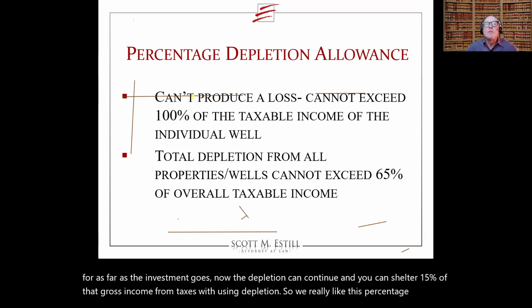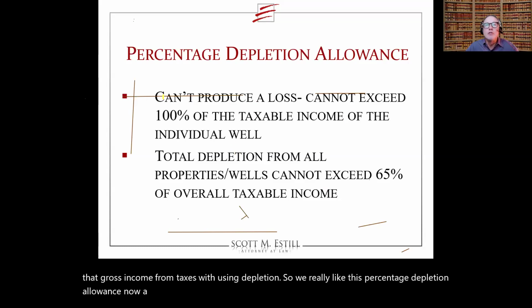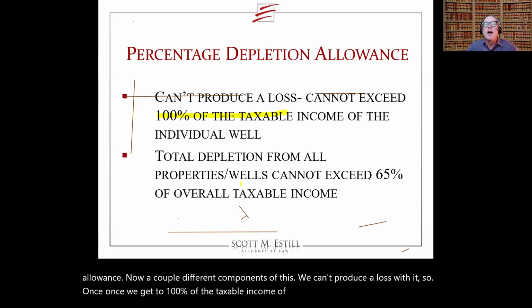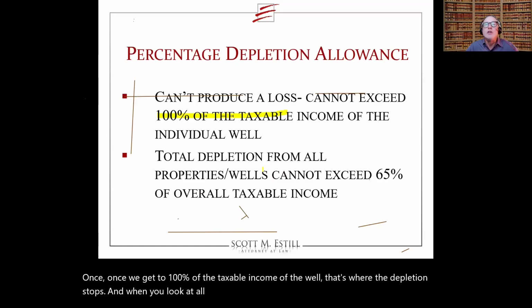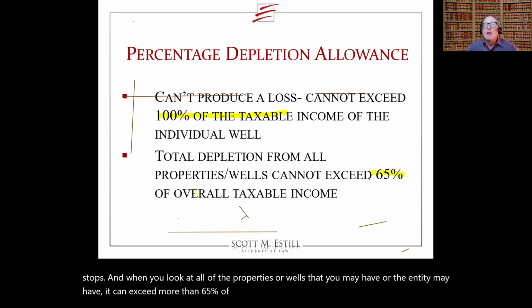Now, a couple different components of this. We can't produce a loss with it. So once we get to 100% of the taxable income of the well, that's where the depletion stops. And when you look at all of the properties or wells that you may have or the entity may have, it can't exceed more than 65% of your overall taxable income, which I would be surprised if it did.